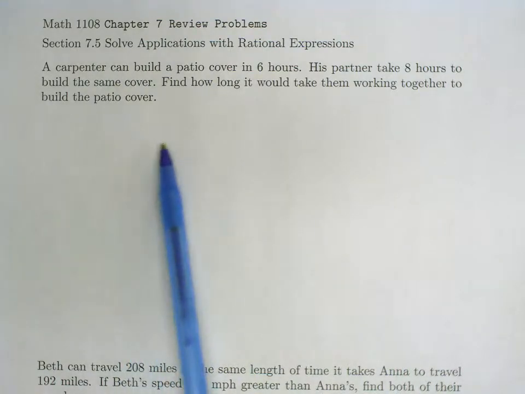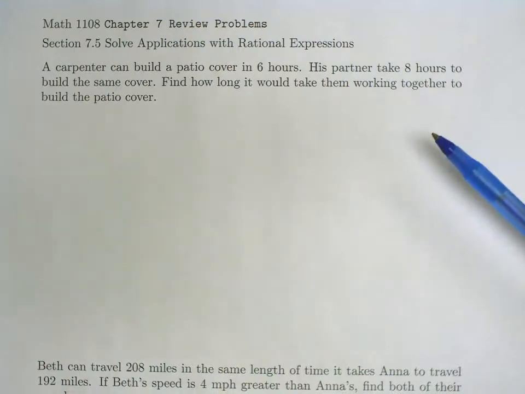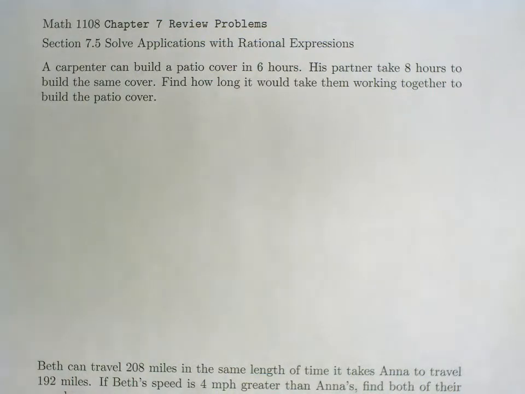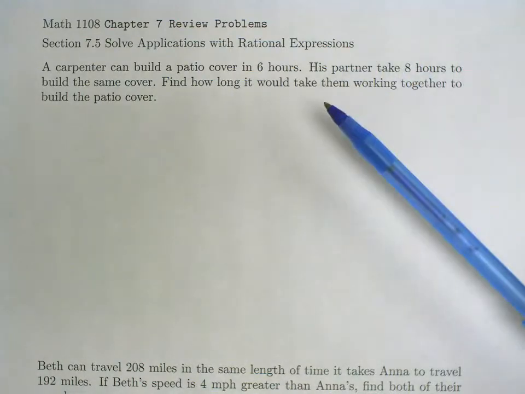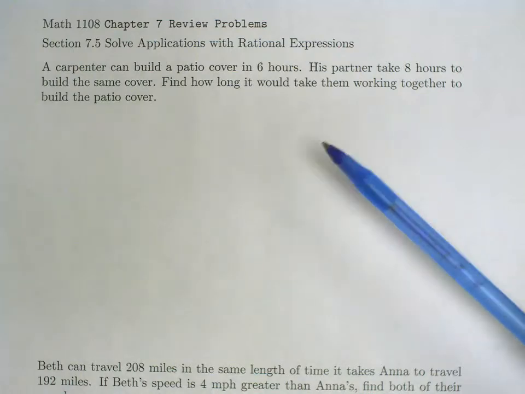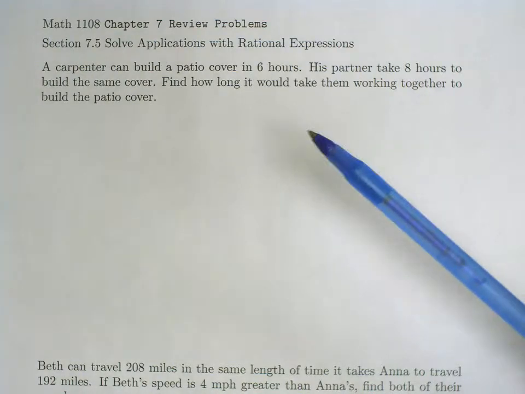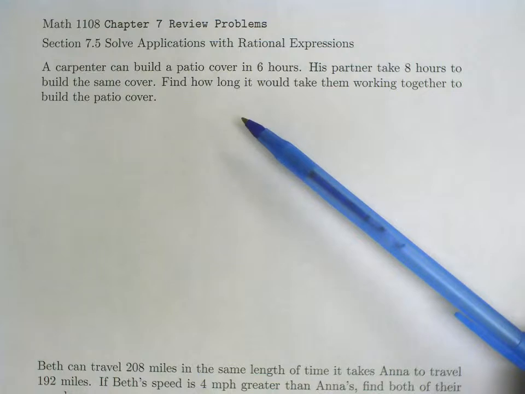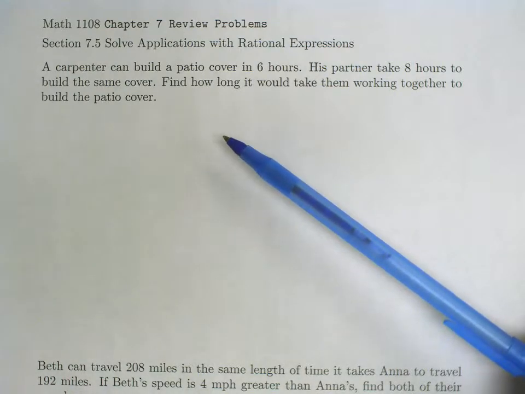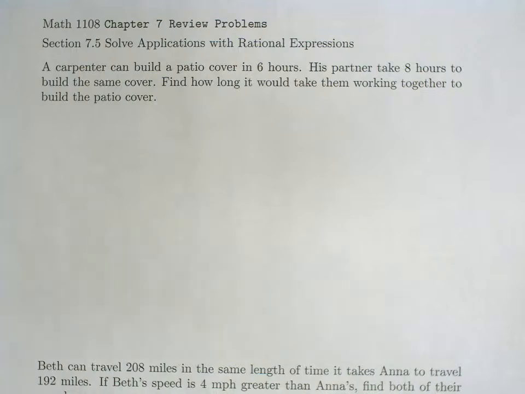So this one is from section 7.5. A carpenter can build a patio cover in 6 hours. His partner takes 8 hours to build the same cover. And based on that information, we can find how long it would take them working together to build the patio.